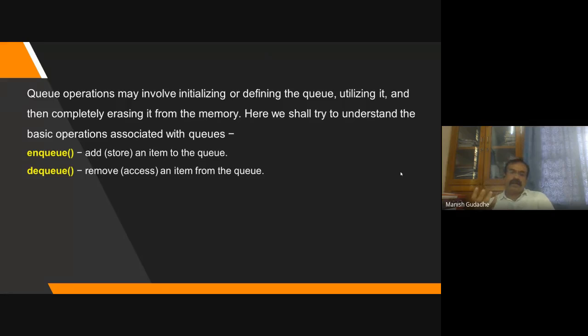Rear will point to the last element in the queue, and if a new element is inserted, the rear will be shifted to that new element because it becomes the last of the queue.